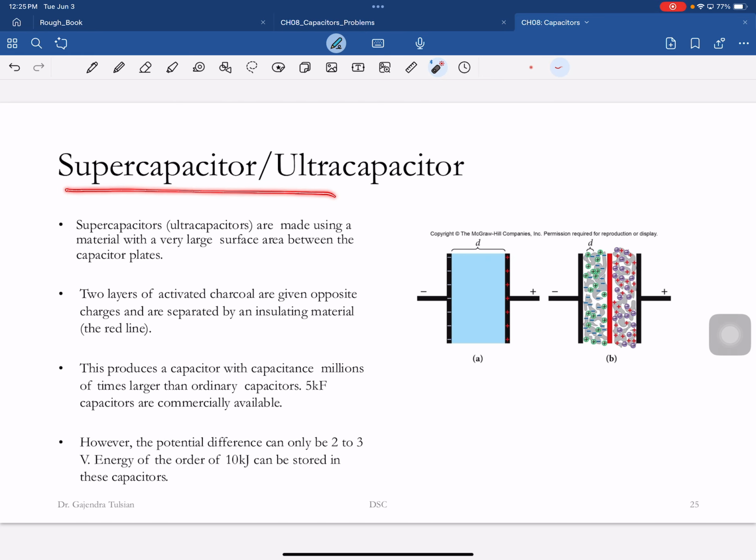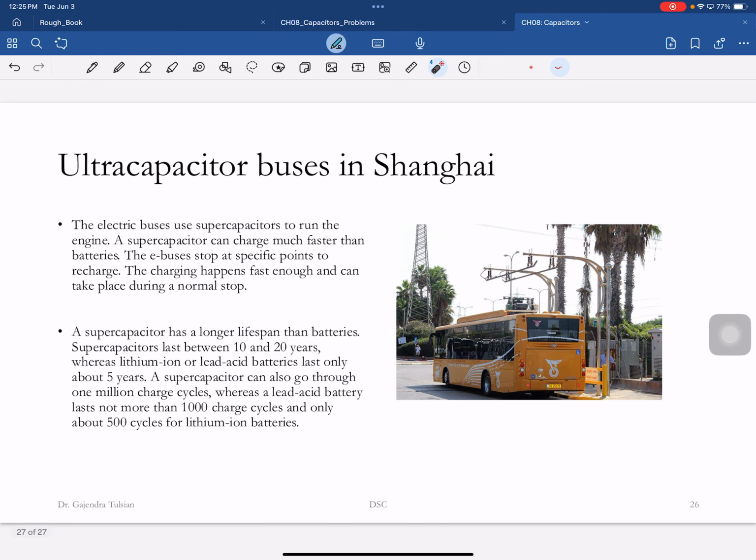So we want to make supercapacitors. Here's how to make super. So these buses, at every bus stop, the capacitor gets charged. Okay? And you can charge a capacitor super fast, 20 seconds, 10 seconds. By the time people get on and off, you charge the capacitor, you can go to the next stop.